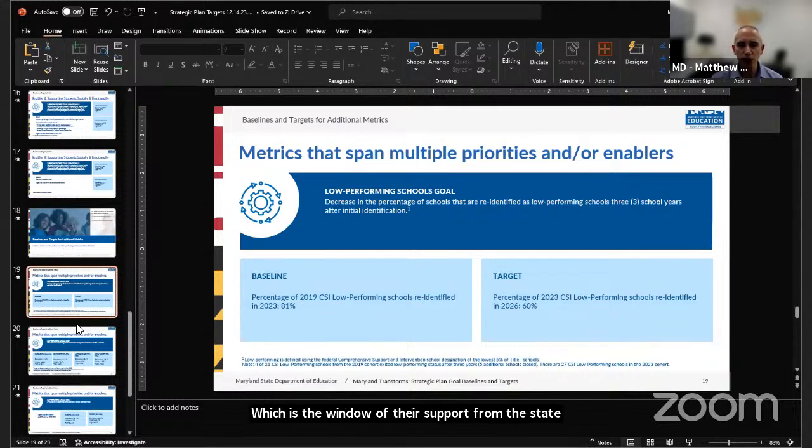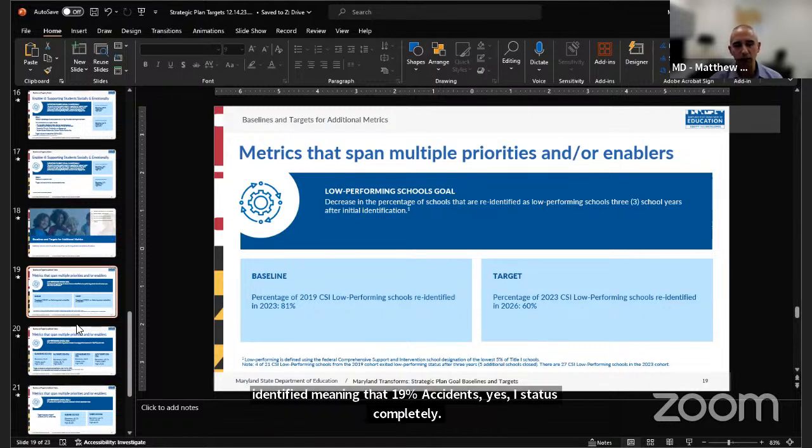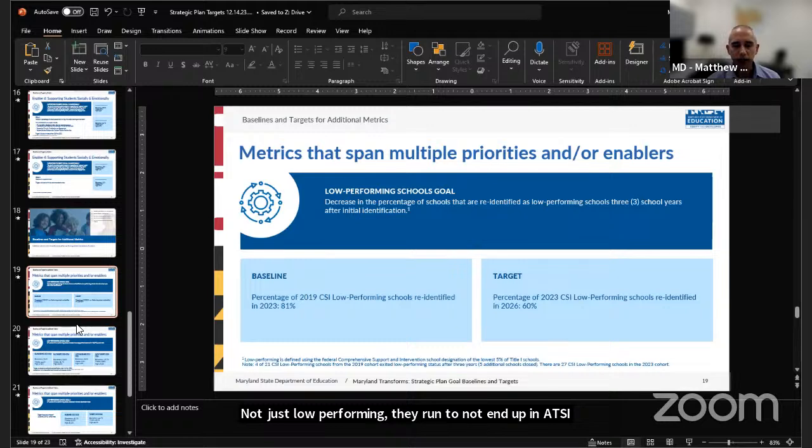So our baseline is really looking at the previous cohort that was identified in 2019. And 81% of them were re-identified, meaning that 19% exited CSI status completely, not just low performing. They did not end up in ATSI or any other category. We're setting the target at 60% for the current cohort.